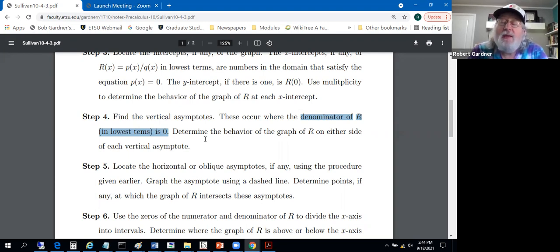There may be places where the denominator is 0 in the original expression of the rational function, yet it does not have a vertical asymptote there. This offer only valid for lowest terms. You've canceled any common terms in the numerator and the denominator.